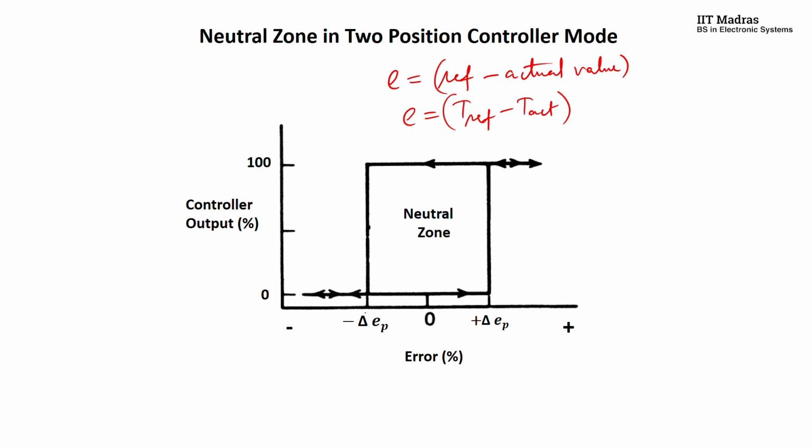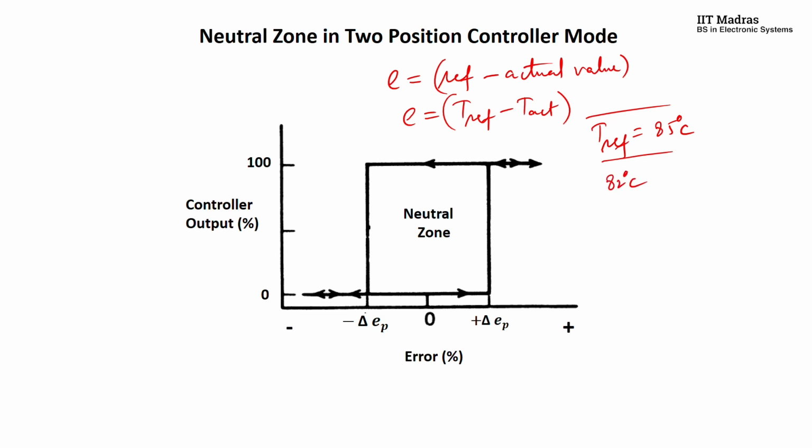Let's say the set point, the reference, is 85 degrees Celsius. We are not keeping it at the boiling temperature, which is 100; we keep it a little below that, around 85 degrees, for example. Let's say the actual temperature is, for example, 82 degrees Celsius.